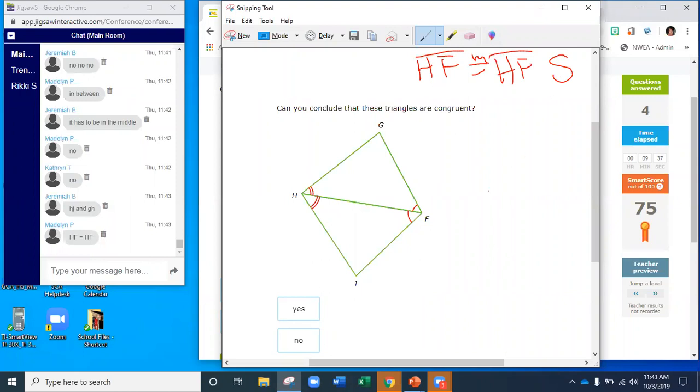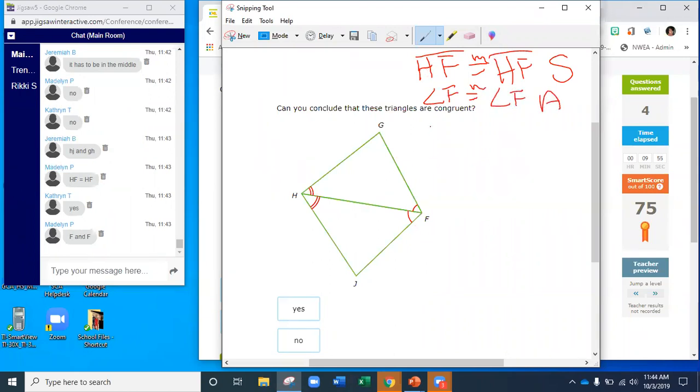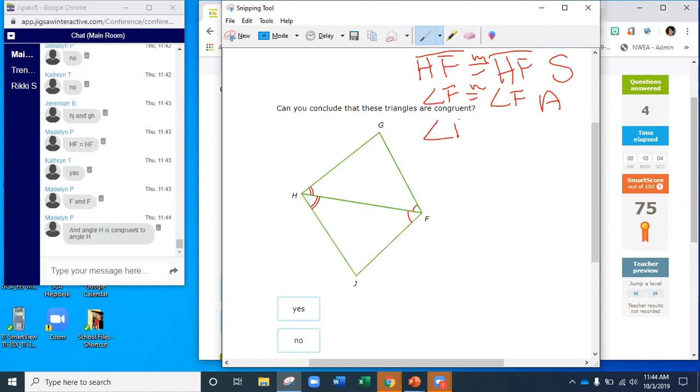All right, do y'all see some congruent angles? Look at those curves. Look at the congruent marks. So basically, angle F is congruent with angle F. That's an angle. And then what's our other set? Angle H is congruent with angle H. All right.